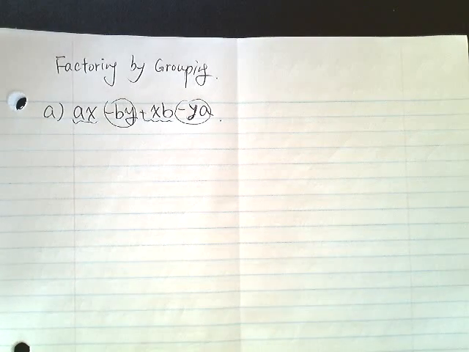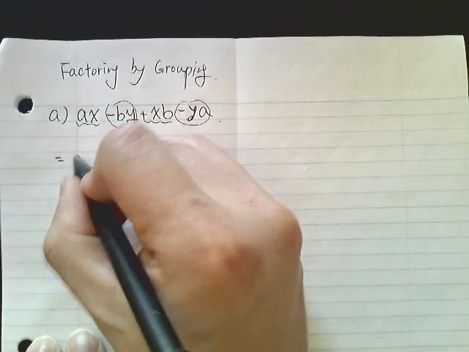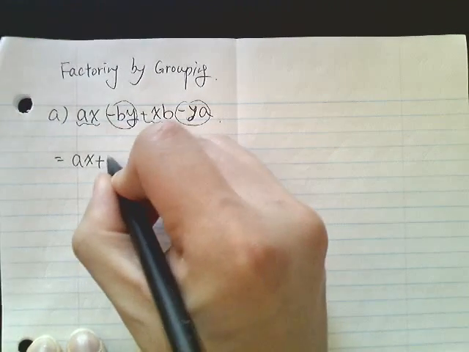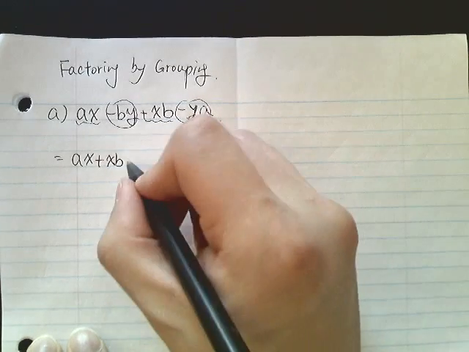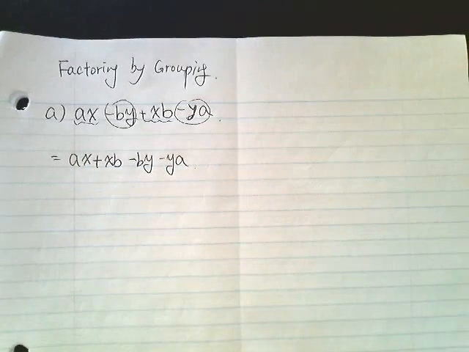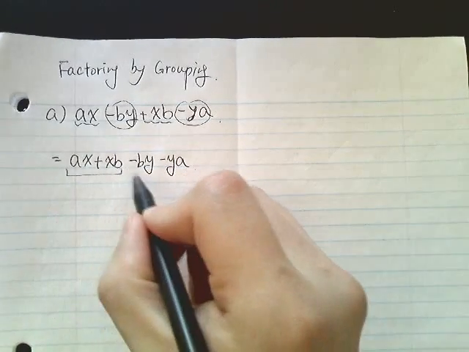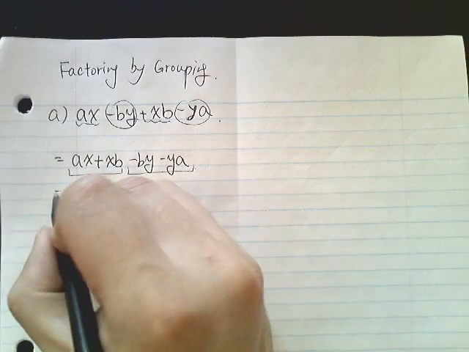So you need to rearrange them so that they are together. Okay, so I have ax + xb. Remember, the sign moves along with the term, and then −by − ya.